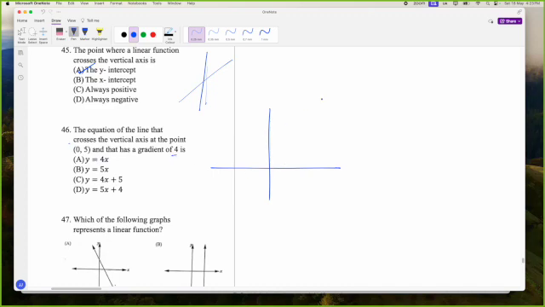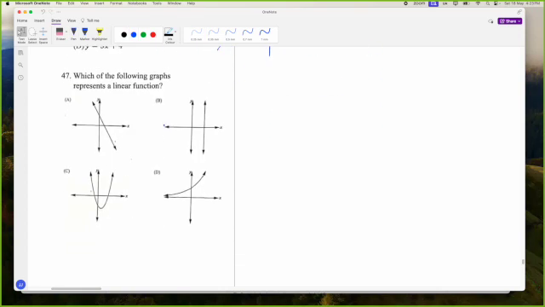So the line is going to be shaped this way, cutting at 0,5. So that means 5 is here. The gradient is 4, so the equation will be y = mx + c, which is 4x + 5, sorry.